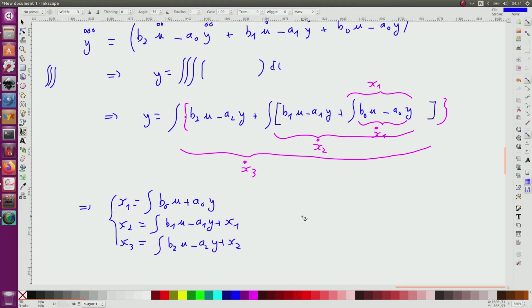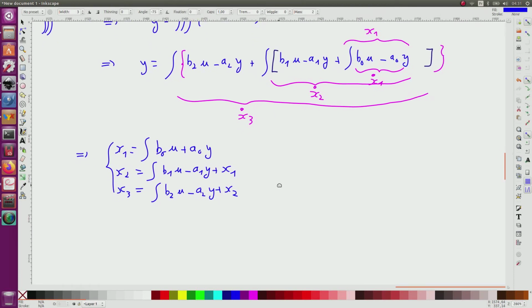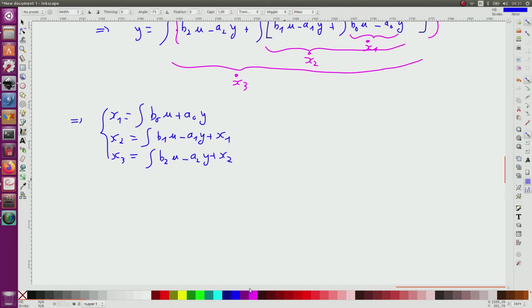From these three equations, I can get the block diagram I will now show. So I will draw my integrators. First integrator for x1, one integrator for x2, and one for x3.